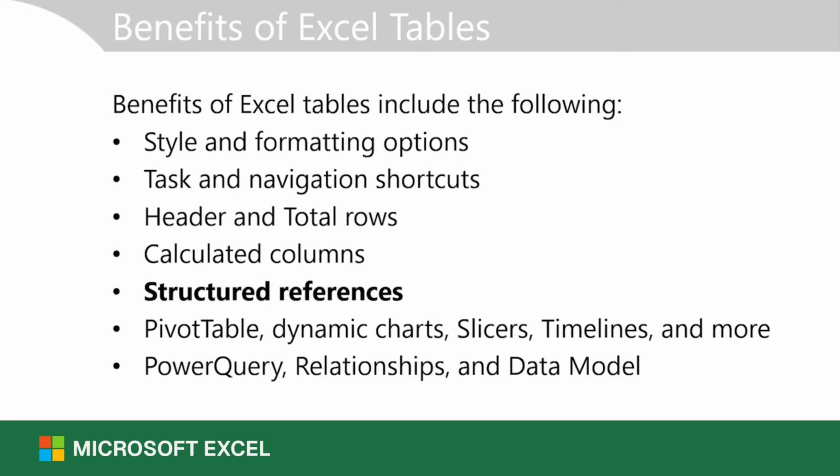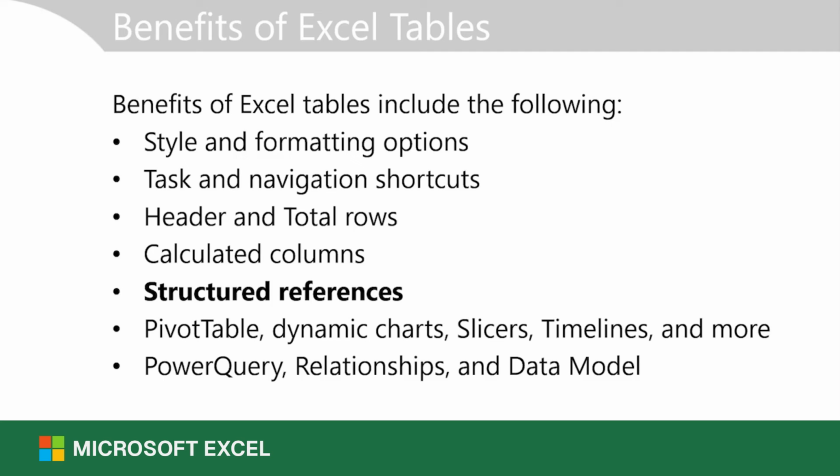Structured references allow formulas to be read, understood, and maintained much more efficiently than explicit cell references, and in some cases even defined names. In Microsoft 365 Excel, these references exhibit spill behavior and can be used with the implicit intersection operator. We will discuss these concepts in more detail later in this lesson.